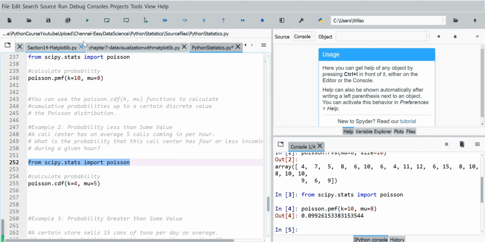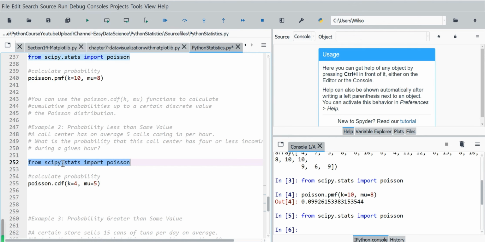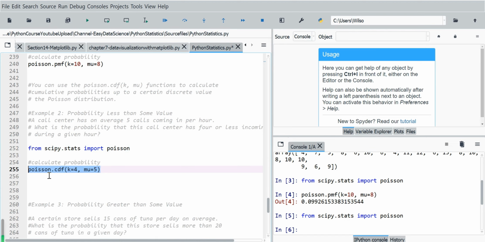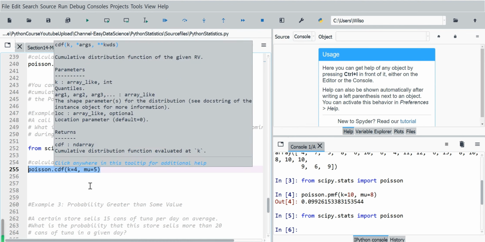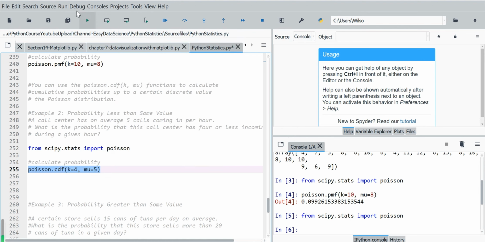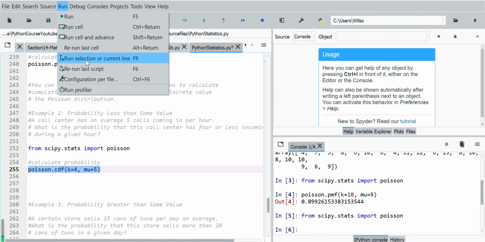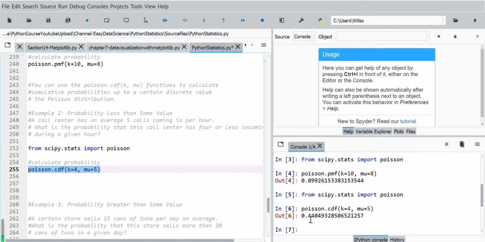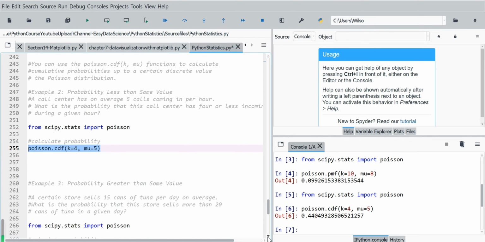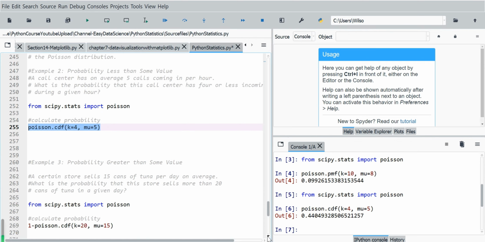So we load the module, then calculate poisson.cdf, the cumulative distribution function, with k equals 4 and mu equals 5. It is about 0.44, so about 44% of the time we will have 4 or fewer incoming calls.